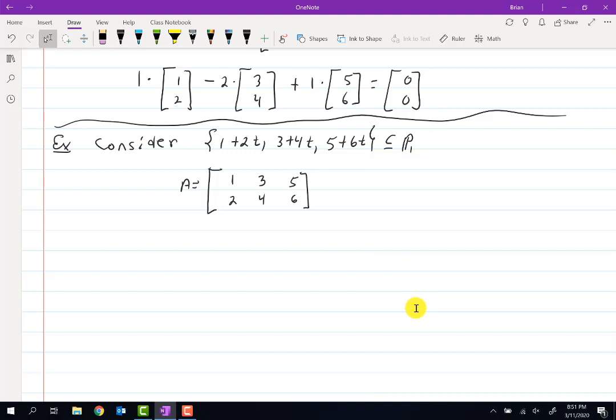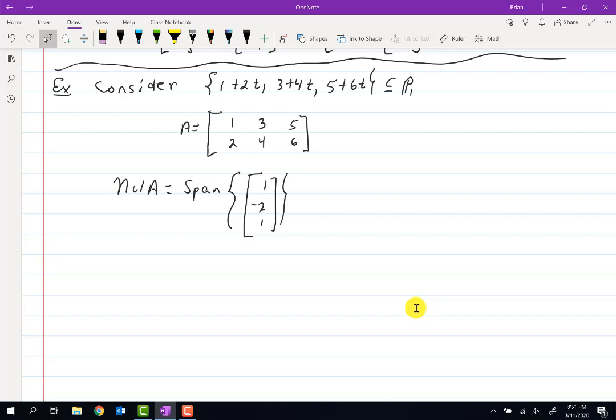But we already know that null A was equal to the span of (1, negative 2, 1). Well then, if you take 1 times (1 plus 2t), minus 2 times (3 plus 4t), plus 1 times (5 plus 6t), you'll end up with the 0 vector, just like I did before. Let's just make sure. 1 minus 6 plus 5 does 0 out the constant part.